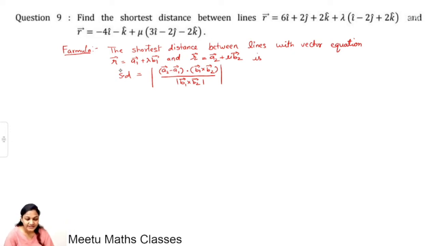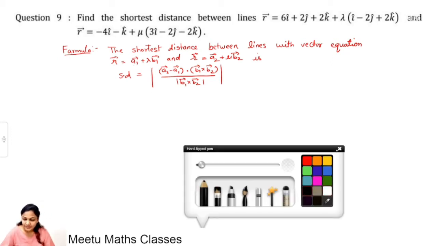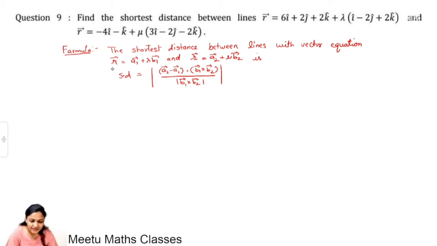You are given the first vector equation r equals a1 plus lambda times b1, and r equals a2 plus mu times b2.